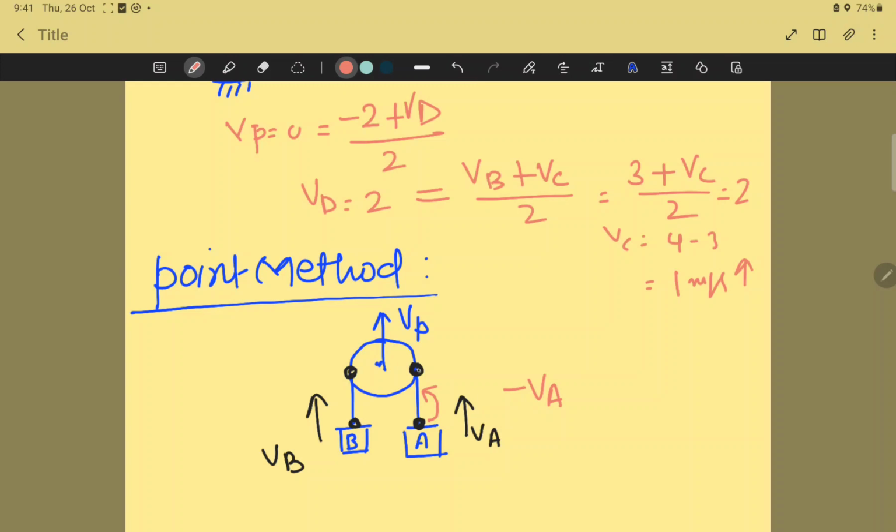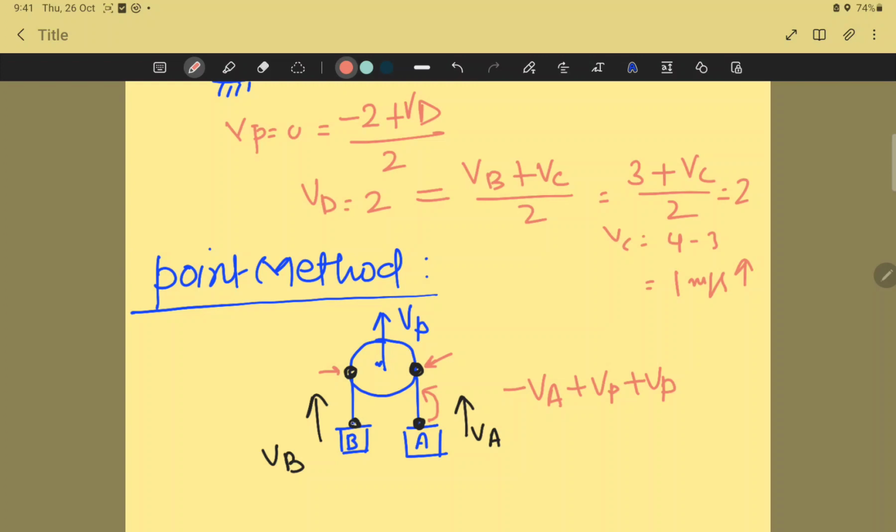What about this particular point? This is the point that is part of the pulley, and since the pulley is moving with Vp, hence we have expressed it as Vp. This point is also a part of the pulley, so we can say plus Vp since it is moving along with the pulley.